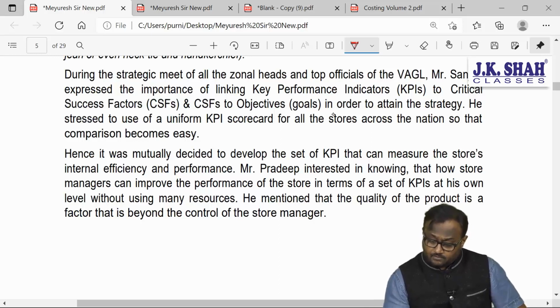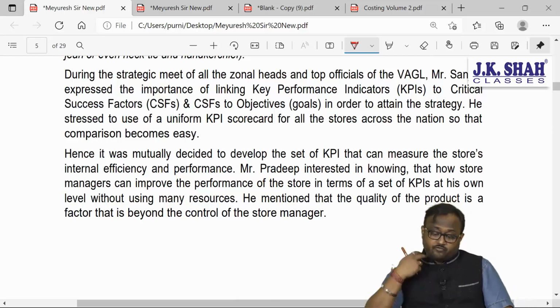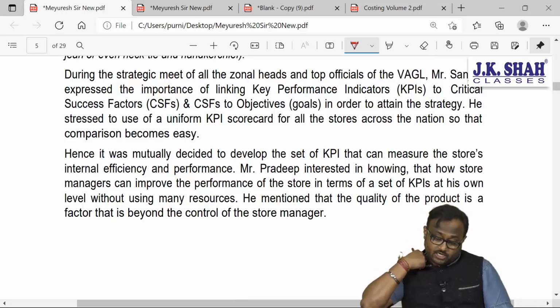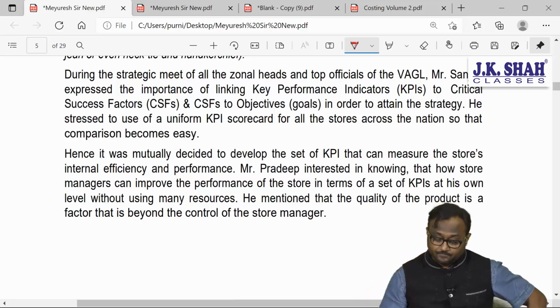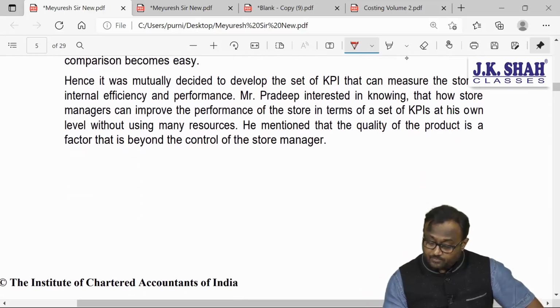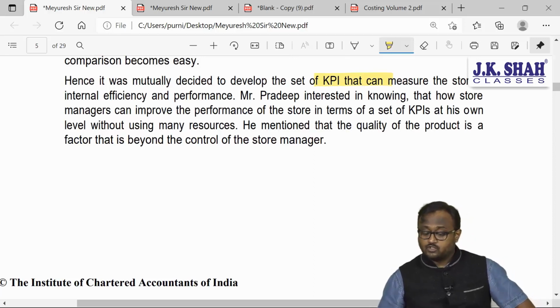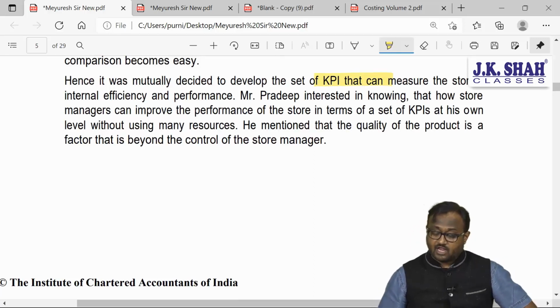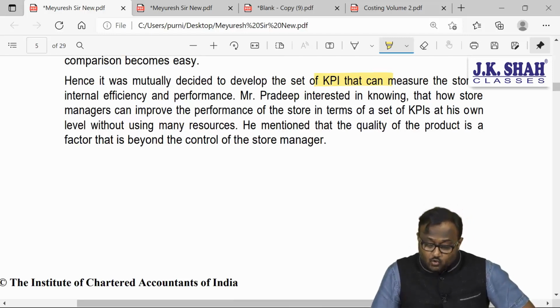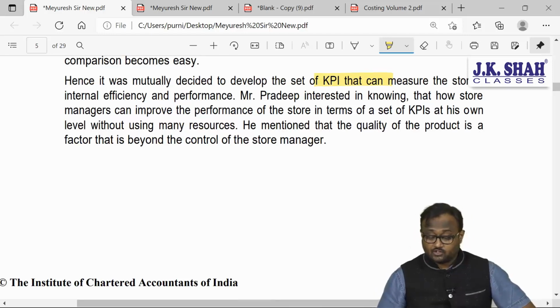So he stressed using a uniform key performance indicator scorecard for all the stores across the nation so that comparison becomes easy. Hence, it was mutually decided to develop a set of KPIs that can measure the store's internal efficiency and performance. Mr. Pradeep is interested in knowing how store managers can improve the performance of the store in terms of the set of KPIs at their own level without using any resources.